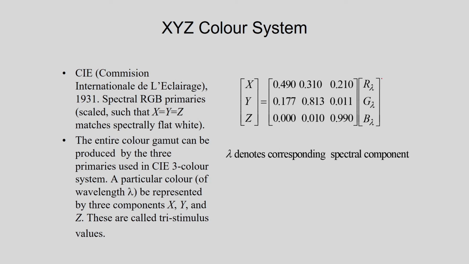That is, I am considering the R, G and B corresponding to the wavelength, R lambda, G lambda, B lambda, and corresponding to this you can get XYZ. This XYZ is called the tri-stimulus values. So from this equation you can determine the X value, Y value and Z value. So by using XYZ you can represent a particular color.